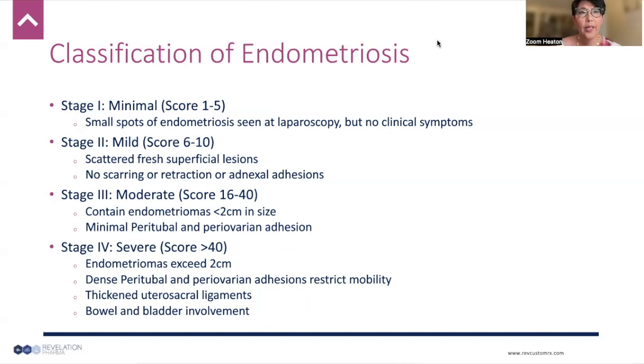The classification also uses a point system to try to quantify endometriotic lesions. A score of 15 or less indicates minimal or mild disease, and a score of 16 or higher can indicate moderate to severe disease. This point system has its limitations, and it doesn't always accurately match the patient's symptoms or fertility status.